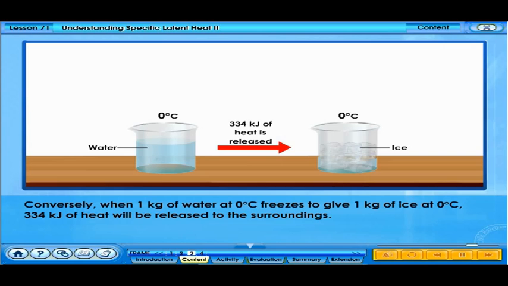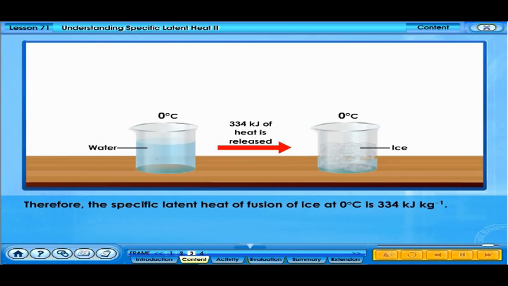Conversely, when 1 kilogram of water at 0 degrees Celsius freezes to give 1 kilogram of ice at 0 degrees Celsius, 334 kilojoules of heat will be released to the surroundings. Therefore, the specific latent heat of fusion of ice at 0 degrees Celsius is 334 kilojoules per kilogram.